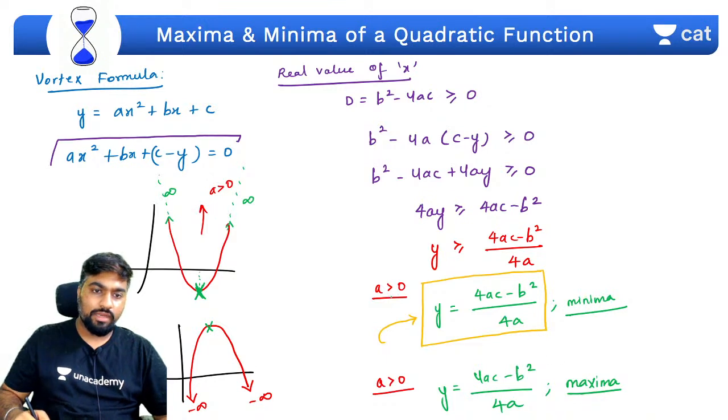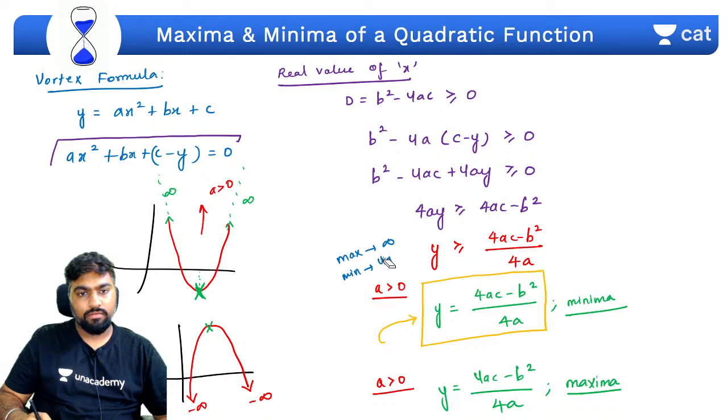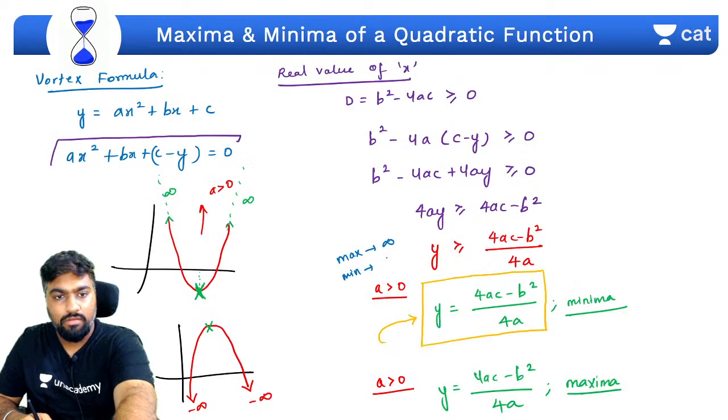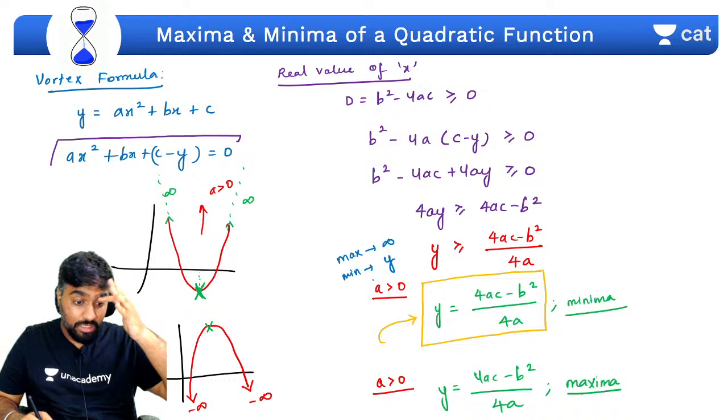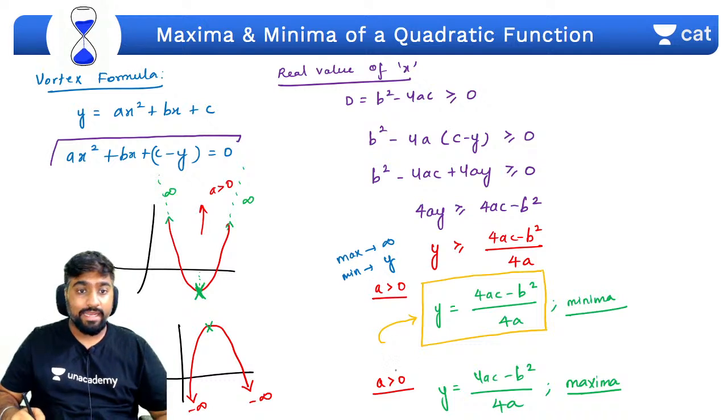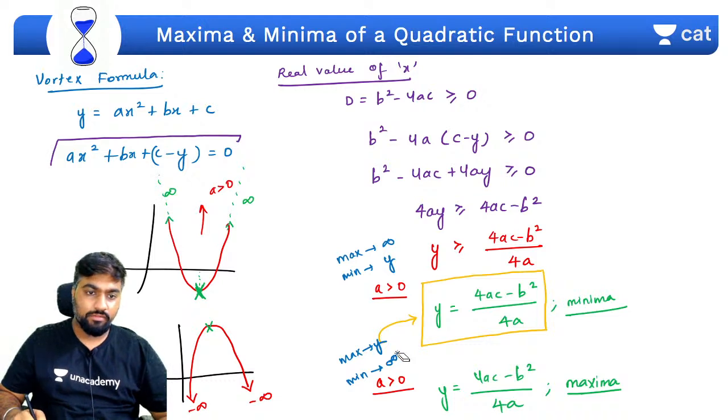So for a less than 0, listen to this carefully, maxima is y equal to 4ac minus b square by 4a, and minima is infinity or not defined. For a greater than 0, minima is where y is, and maxima goes to infinity again, not defined.